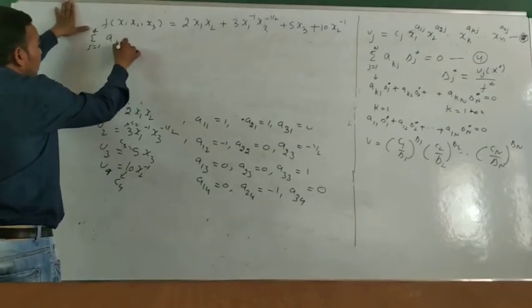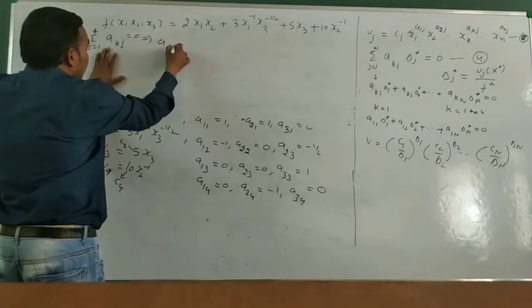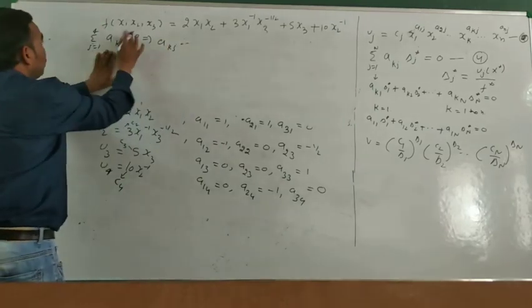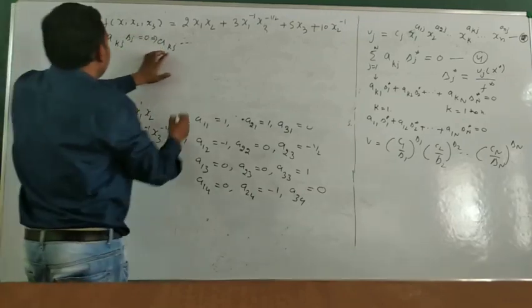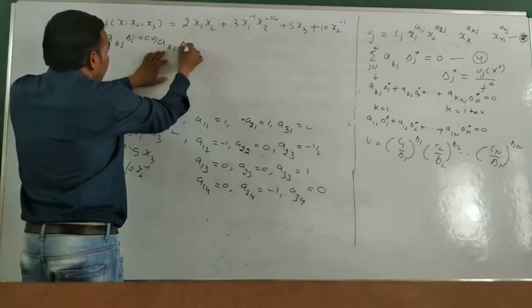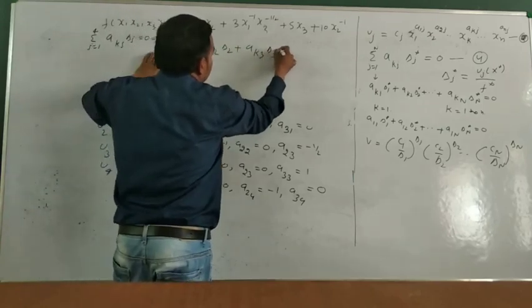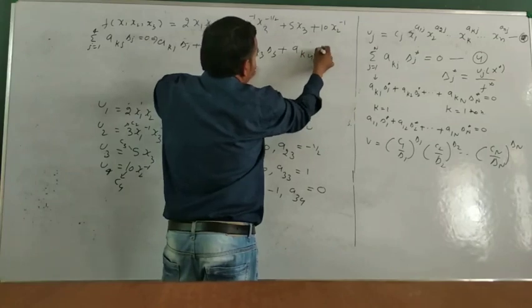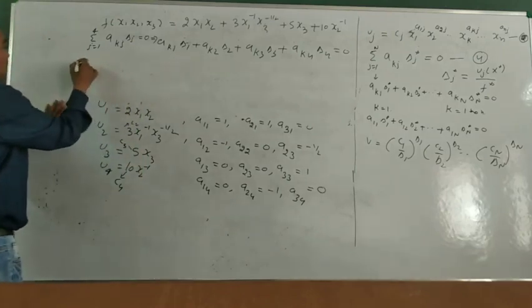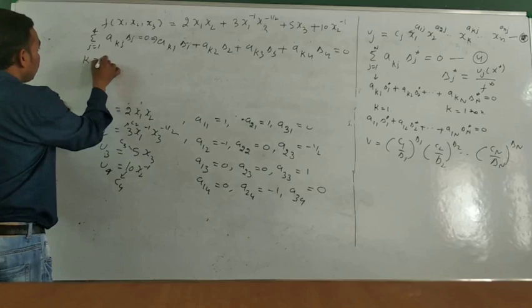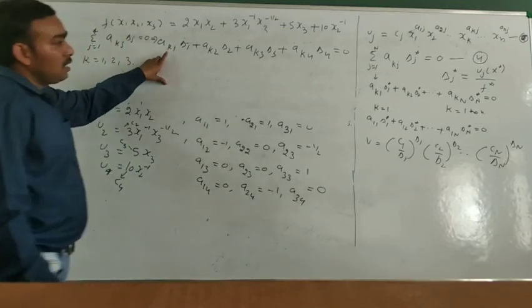So a_k1 del 1 plus a_k2 del 2 plus a_k3 del 3 plus a_k4 del 4 equal to 0, and k equal to 1, 2, 3, because k denotes the number of variables.